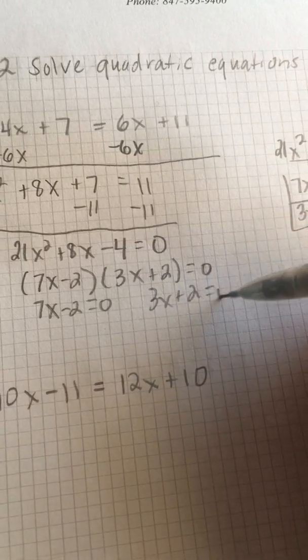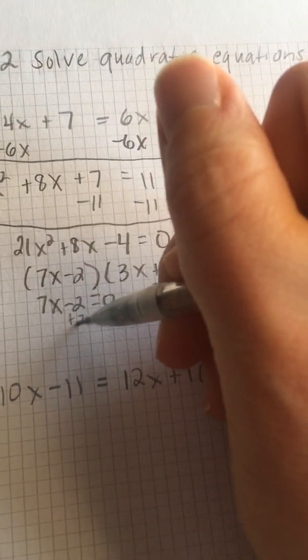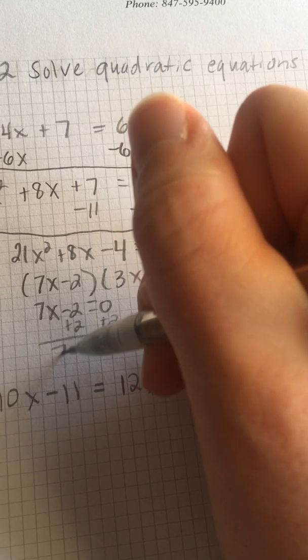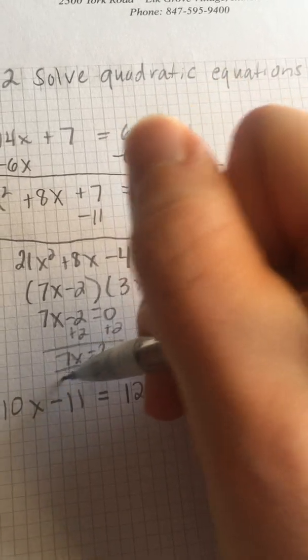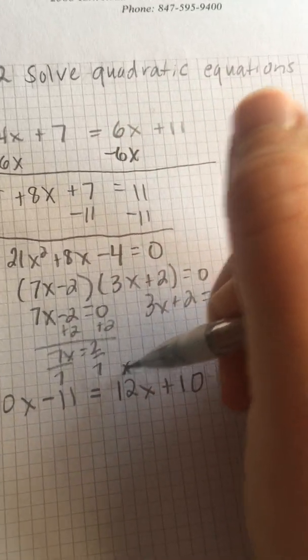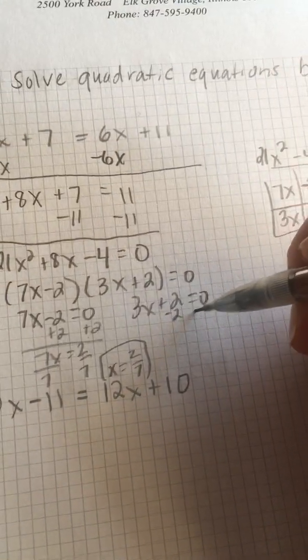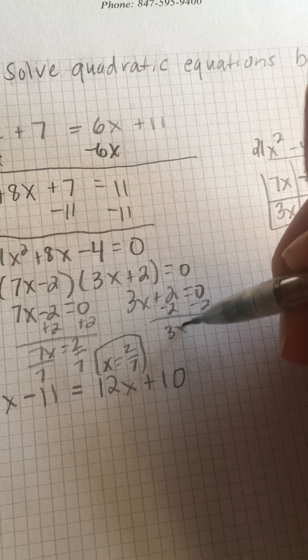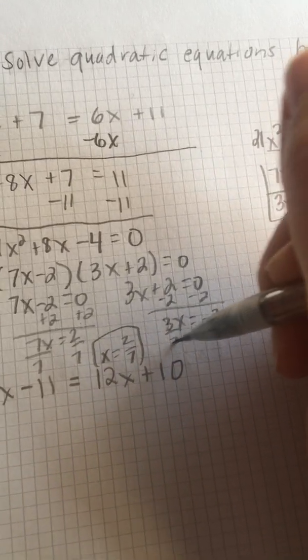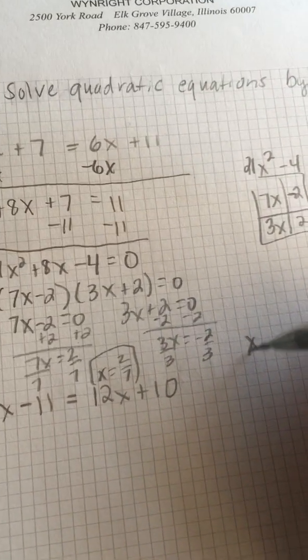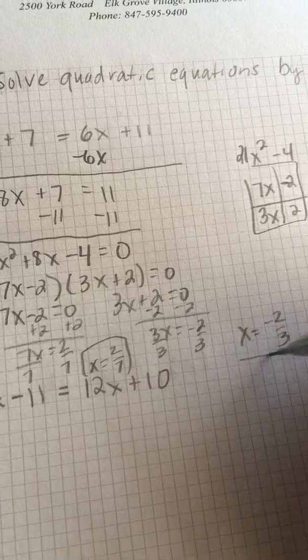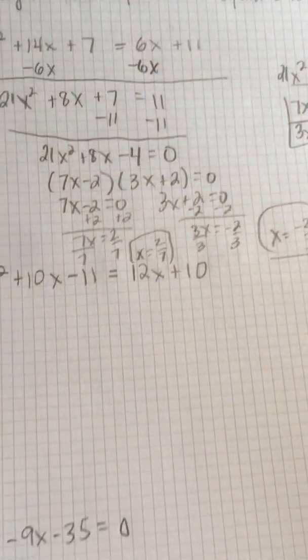Take the other factor, set it equal to 0. Add over the 2. Divide the 7. X equals 2 over 7. Subtract over the 2. 3x equals negative 2. Divide the 3 to get x equals negative 2 thirds. There are my 2 answers.